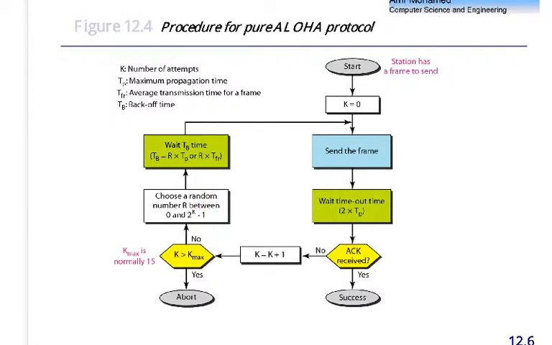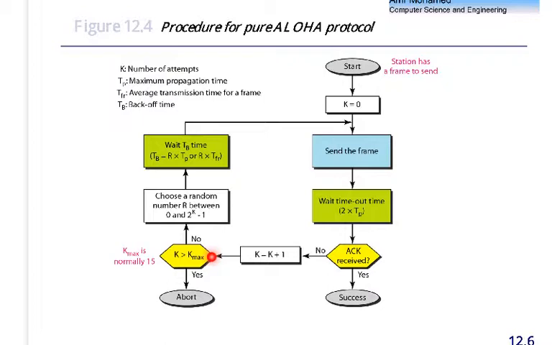As we said, the back-off procedure here is performed by generating a random number. So each node will generate a random number in the range from 0 all the way to 2 to the power k minus 1. So assuming that k is 2, 2 to the power k is 4.